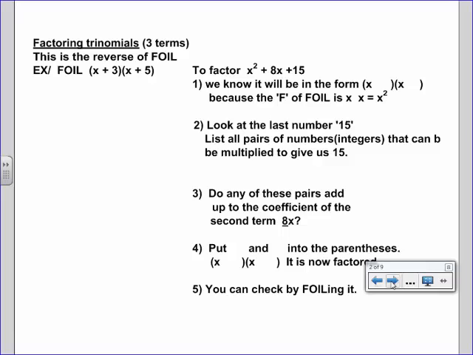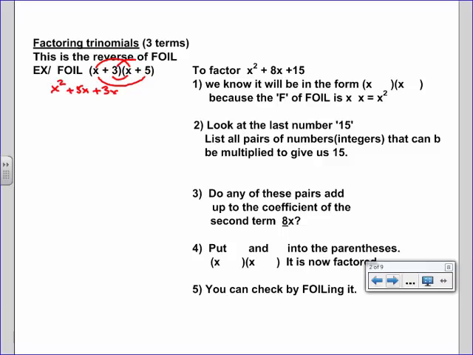Now, to understand factoring, I'll just do a quick refresher of what FOIL is. When you multiply x plus 3 times x plus 5, first, x times x would give you x squared. Then you do the outside, which is 5x. Then you multiply the inside, which is 3x.